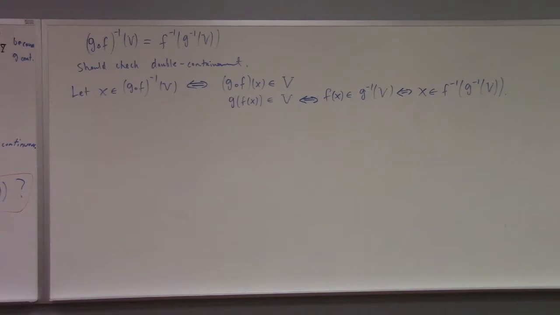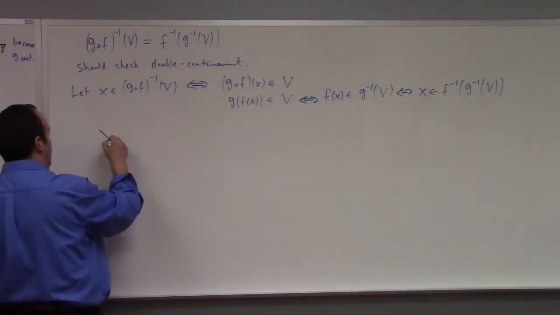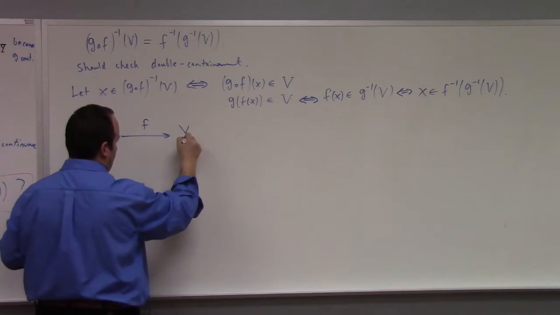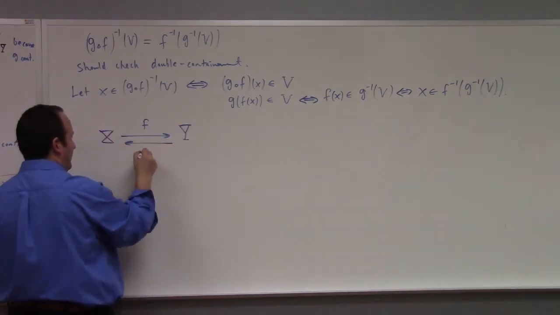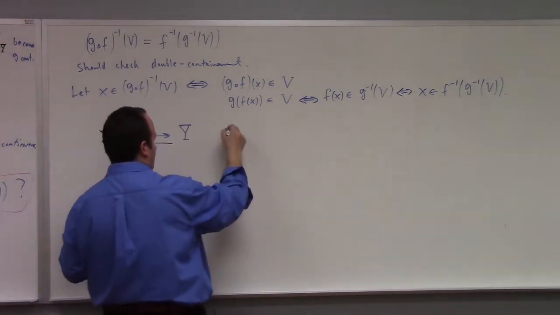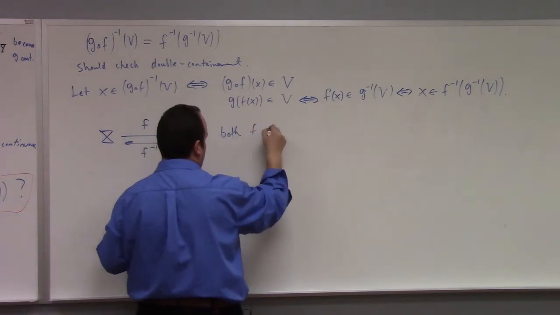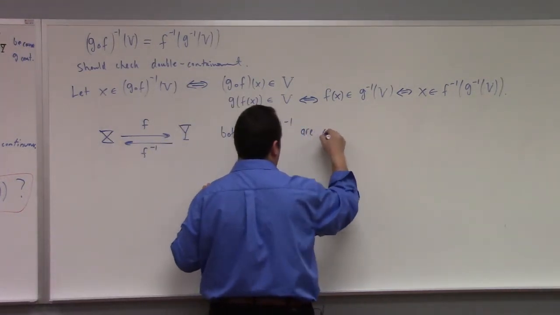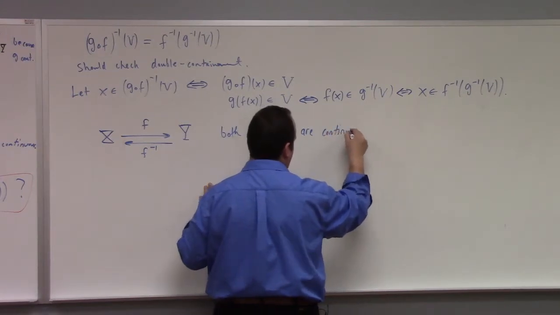So remember we defined homeomorphism last time, right? Reminder: if we have X and we have Y, F going to Y, and if we also have F inverse going the other way, and both F and F inverse are continuous, right?